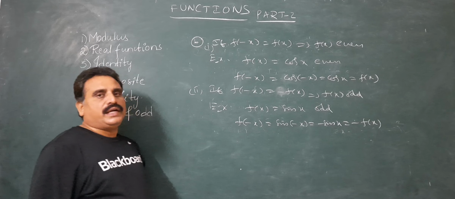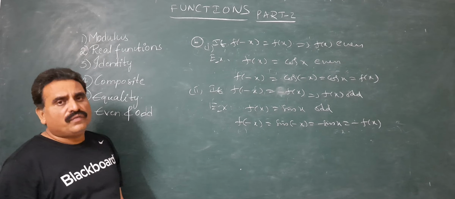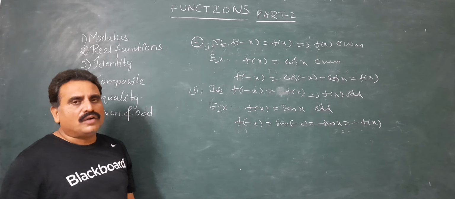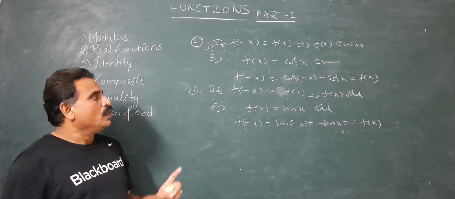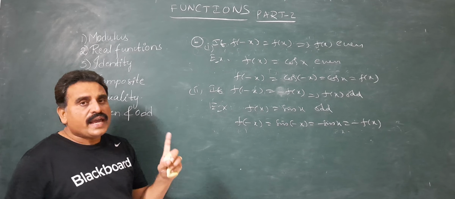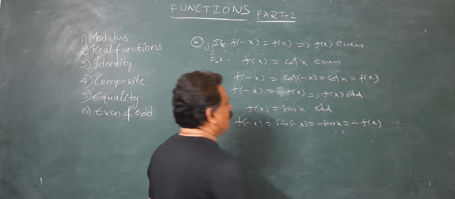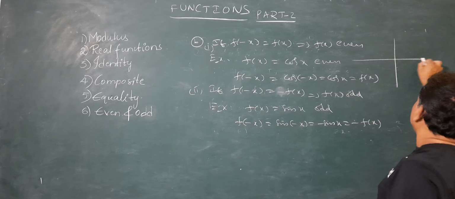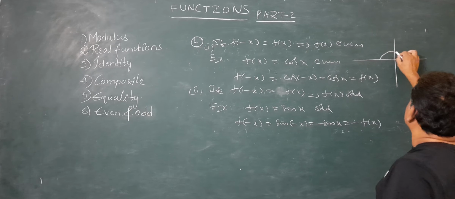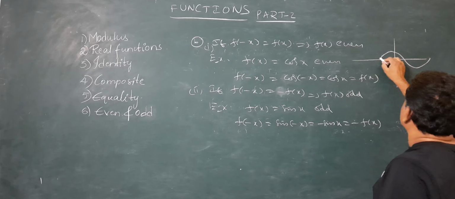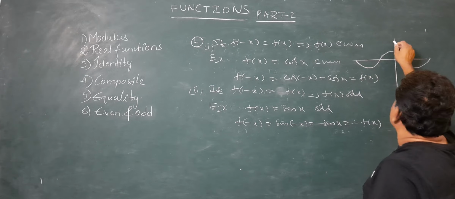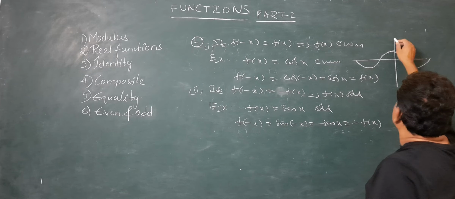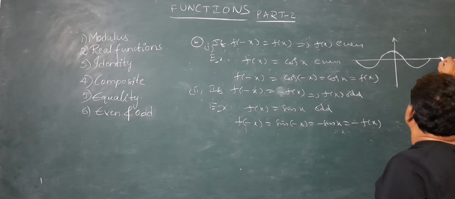Here is one important point: every even function is symmetric about the y-axis, and every odd function is skew symmetric. Here, you know the graph of cos x. Observe this graph: this is the y-axis, this is the x-axis.